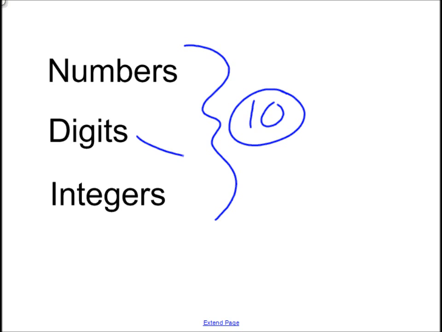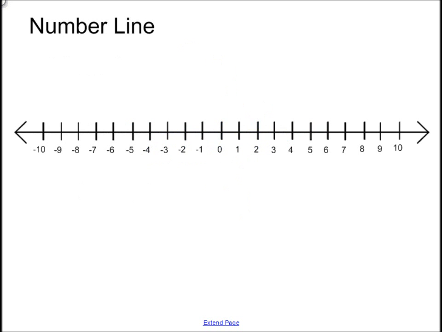Digits, well, there's a 1 digit and a 0 digit. Integers are another way of saying numbers, but numbers that can go positive and numbers that can go negative. So numbers are a value of something, digits are the parts of a number, and integers are numbers that go positively and negatively. Now let's just take a quick look at what that means.